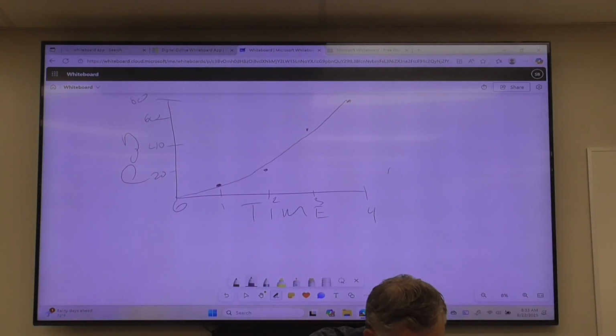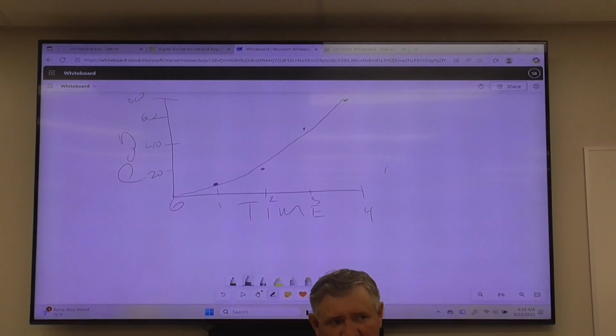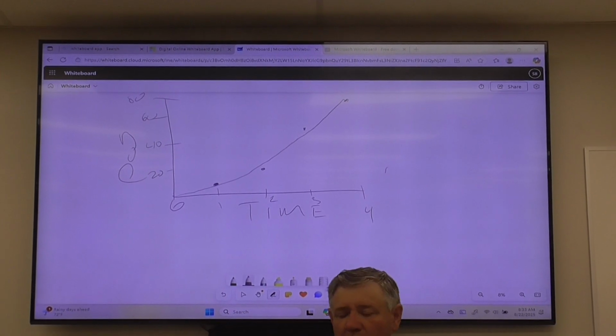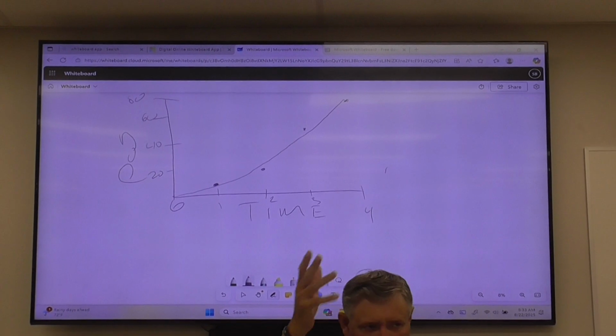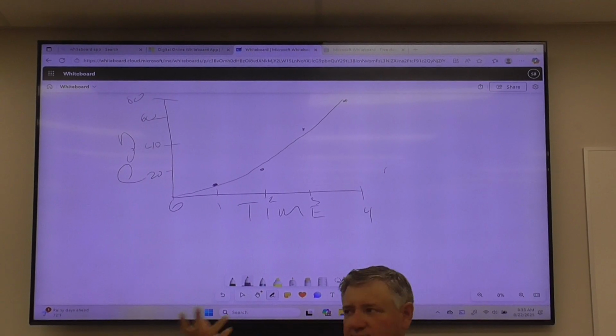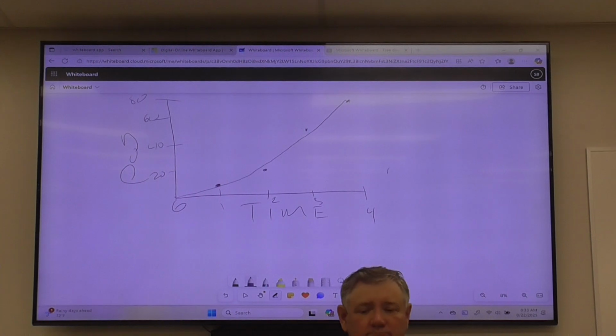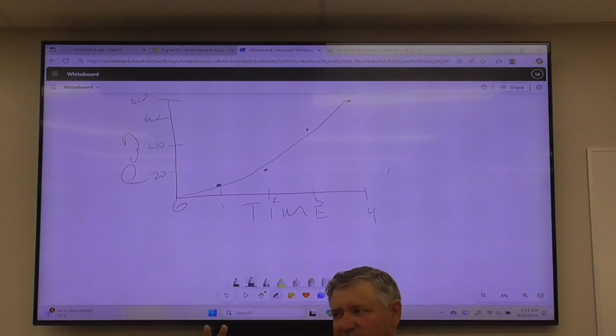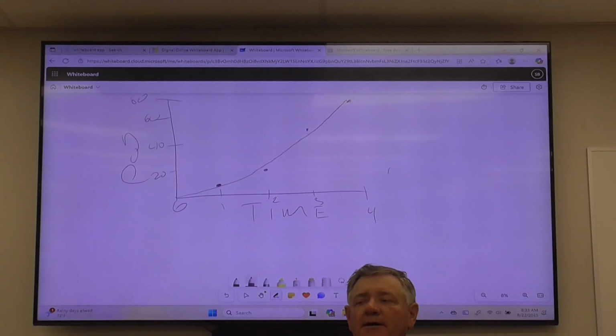So, when you get to question number 14, describe the relationship between time and position and write a general equation for the curve. There's a whole bunch of different ways you can answer that question. If you're wordy, you can say position changes as a quadratic function of time. You could say position changes with time squared. You could say that it's just a quadratic function.